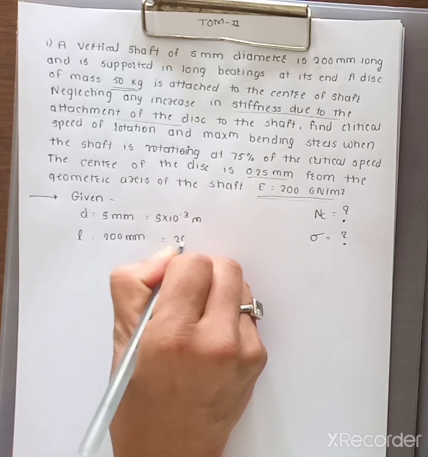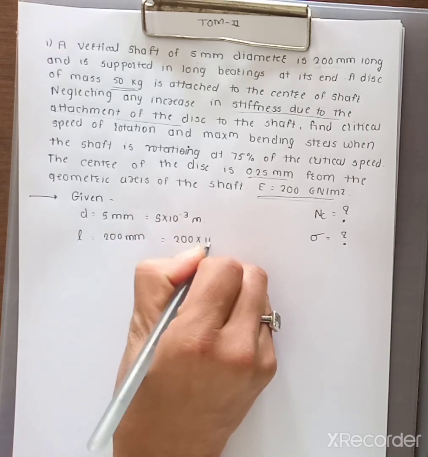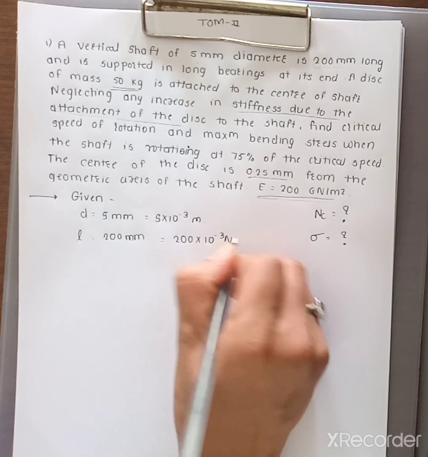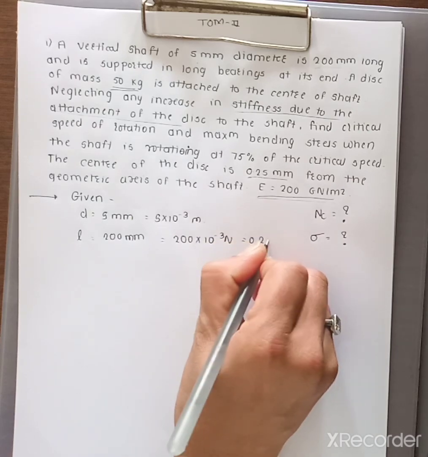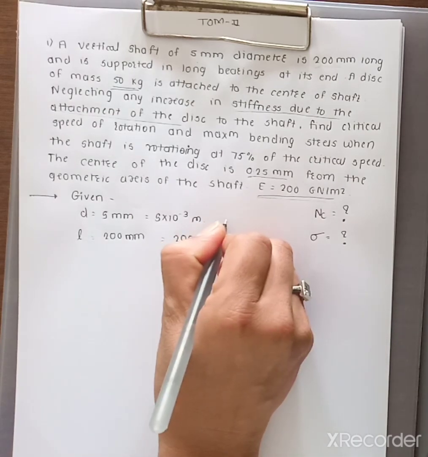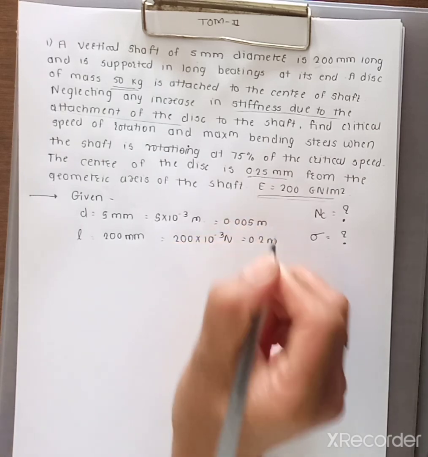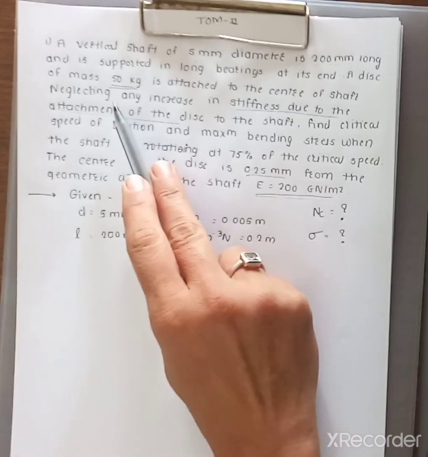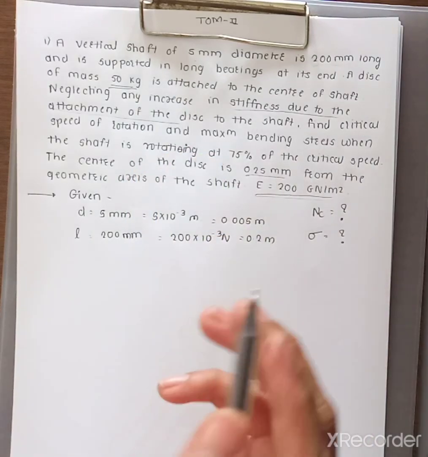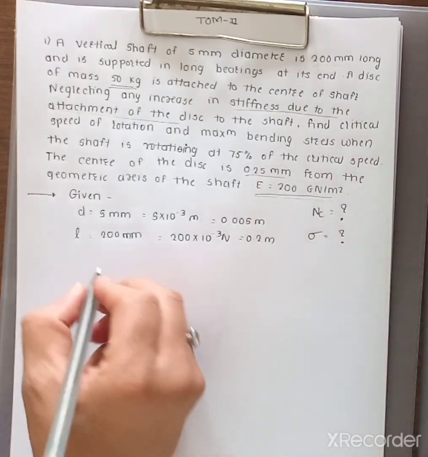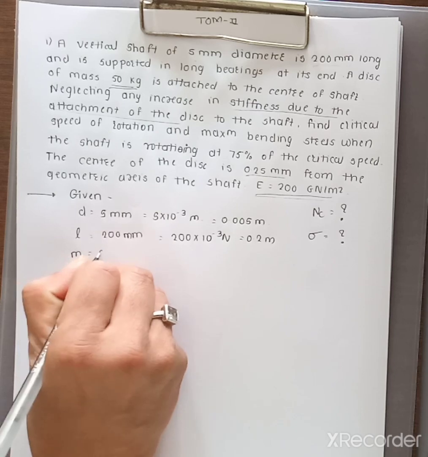We will have to convert it to meters, into 10 raised to minus 3 meters, that is equal to 0.2 meter, and here the diameter becomes 0.005 meter. A disc of mass 50 kg is attached to the center of the shaft. So here the mass is given, that is 50 kg.